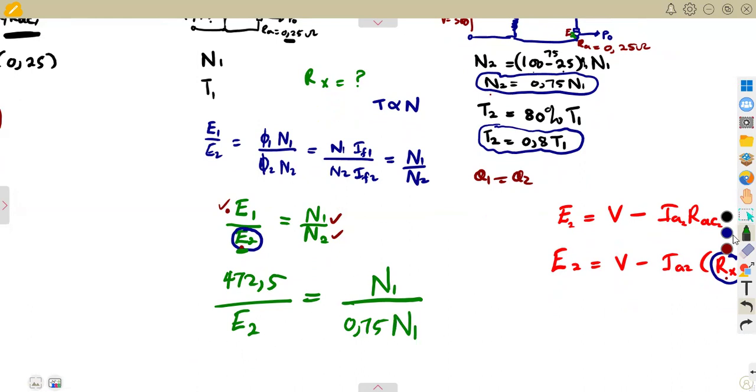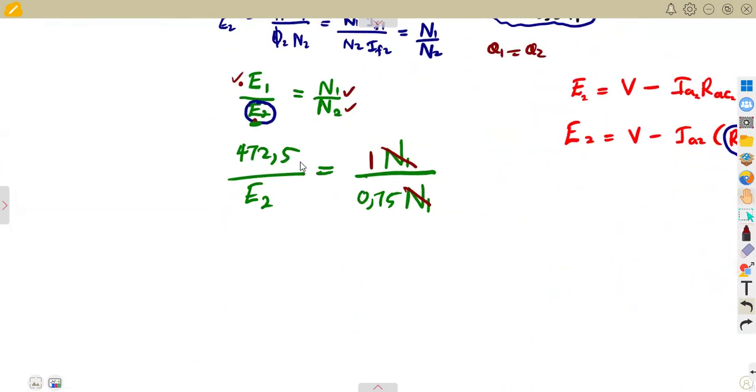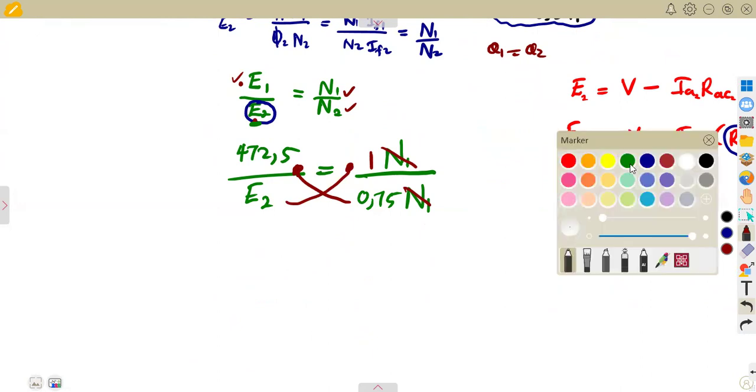So this part alone can make us cancel this. Okay, so this is just the same as we've got a 1 there. What we want is E2, so you can cross multiply. 0.75 is going to multiply this part, and E2 is going to multiply 1. So that is the condition there. You are done.